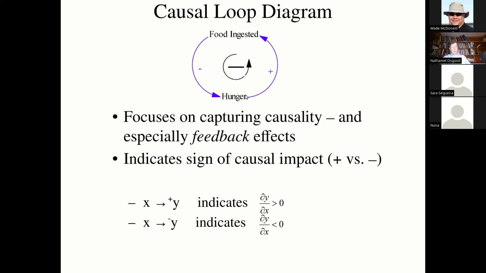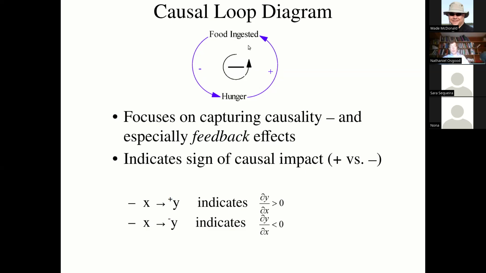With hunger, to be clear, if hunger dropped, food ingested would drop compared to the value it otherwise would have had. So this is a same connection and an opposite connection, as long as you keep in mind that same or opposite is relative to the value the target would otherwise have had, had no change occurred.